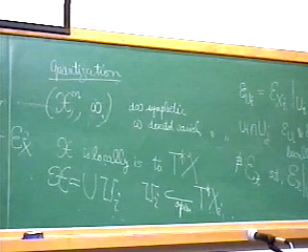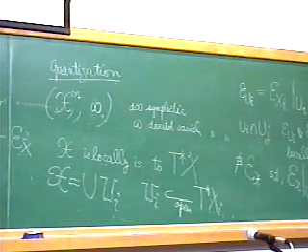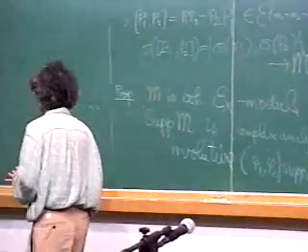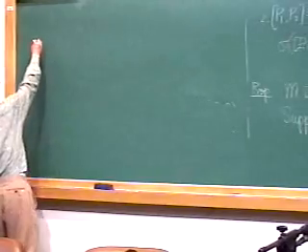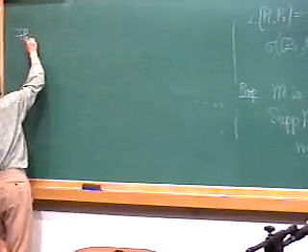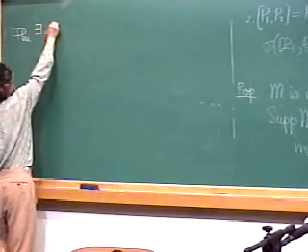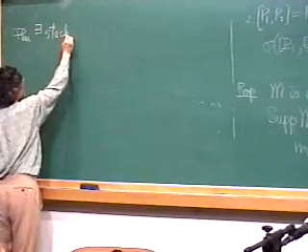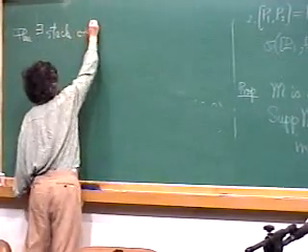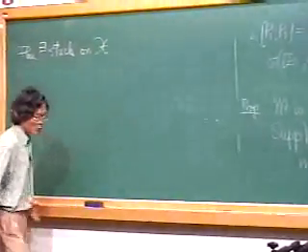But even if such a ring does not exist, there is a stack. There is a canonical stack on X. So what is a stack?